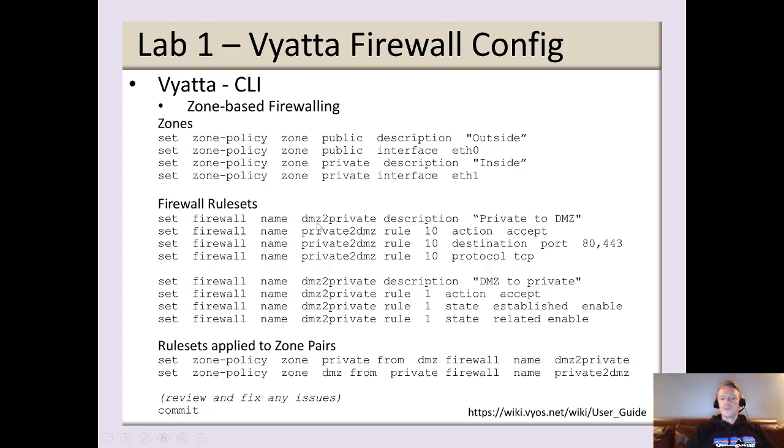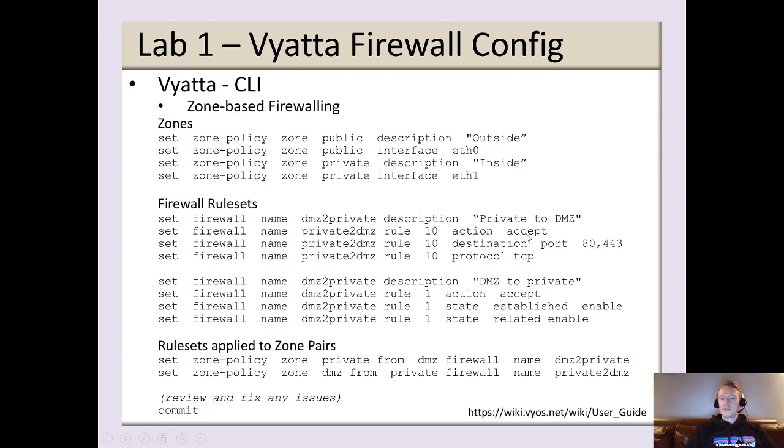And this one is DMZ to private, and this one is, in actual fact, yep, that's just a bit of a typo, so that should be private to DMZ, and that one's DMZ to private. And these are setting the rules for these particular rule sets. So in this case, we've just got one rule, and it says action accept.